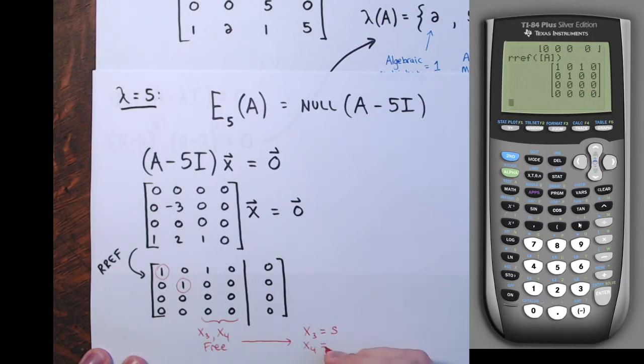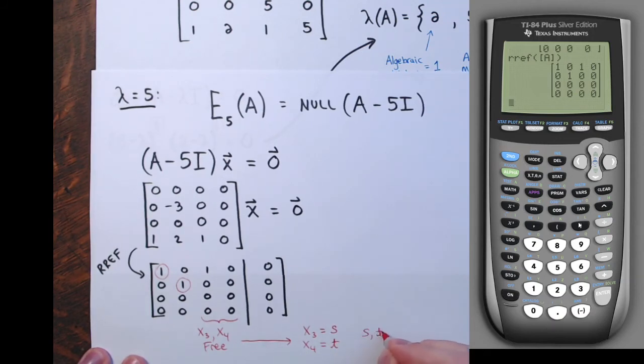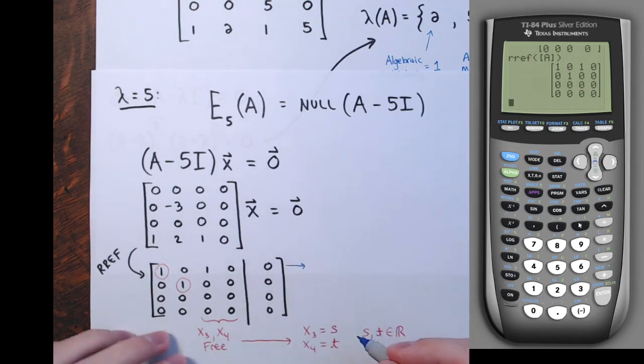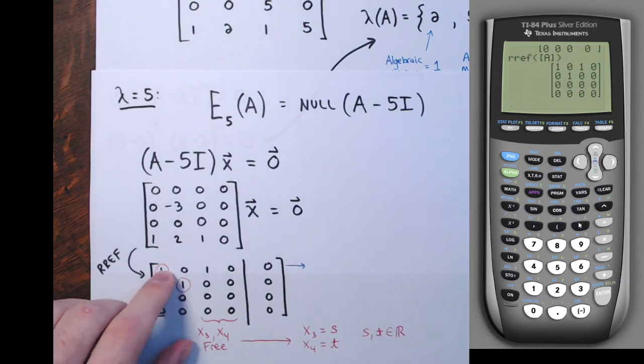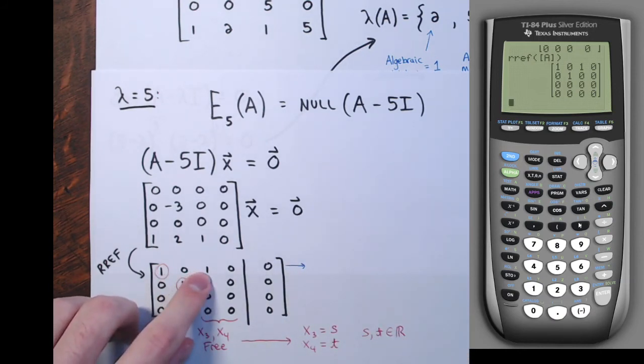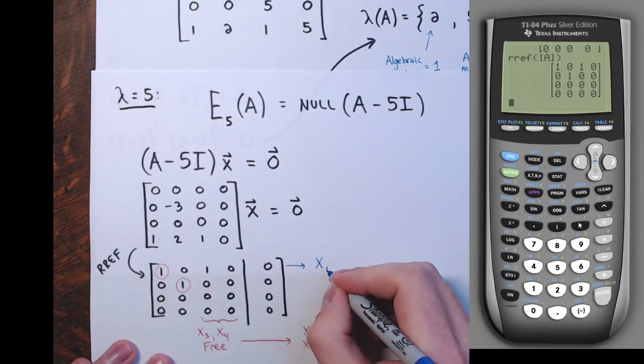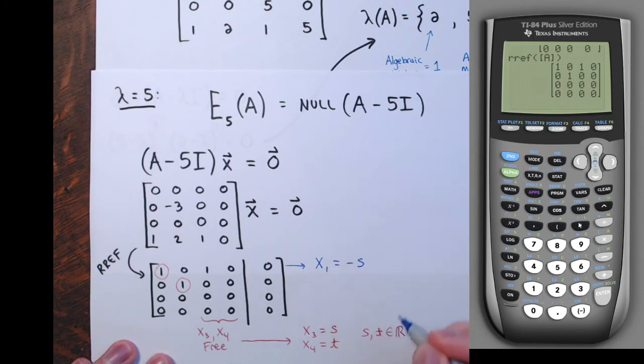I'm going to have x4 be replaced by some other expression, t, where s and t are any real number. Alright, then from that first line, we see that x1 plus x3, so x1 plus s must be equal to 0, meaning that x1 will be the opposite of s. And then this second row just tells me that x2 must be 0.